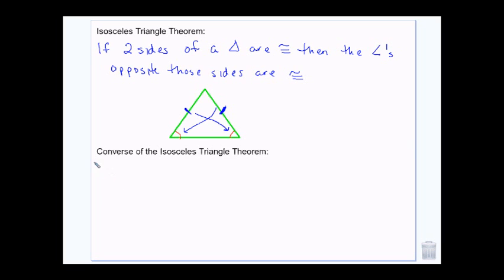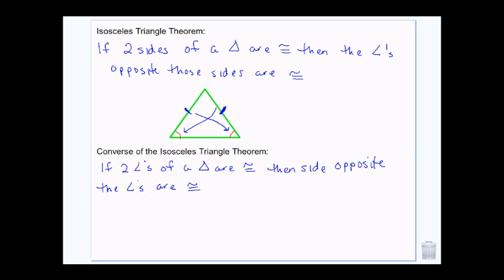And then the converse says if two angles of a triangle are congruent, then the sides opposite are congruent. So basically this is kind of the same idea except backwards.